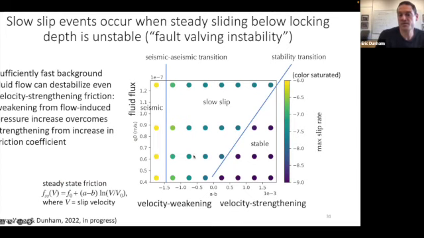And we can map out, of course, in parameter space how this occurs, right? Velocity strengthening, velocity weakening, increased fluid flux, and we see transitions between stable solutions, slow slip solutions, and seismic events. And the seismic events are sometimes nicely periodic, sometimes more like swarm-like seismicity. So lots of fun things, I think, for us as a field to figure out about fluids.